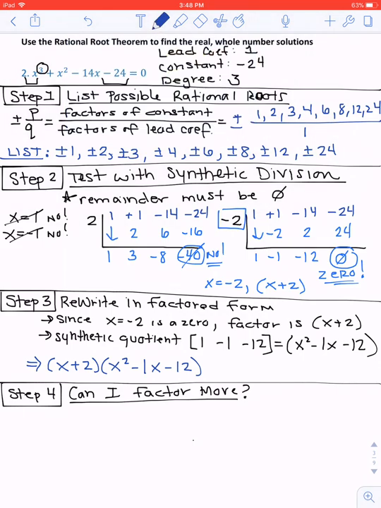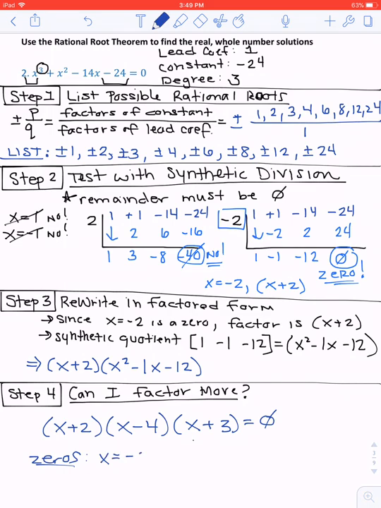There are. So we have our x plus 2. And what should you factor that quadratic into? X minus 4 times x plus 3. If that equals 0, then what are your zeros?